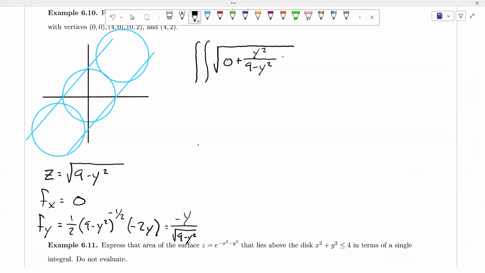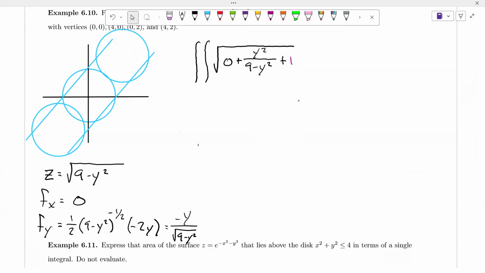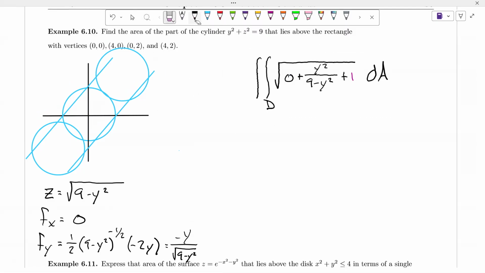And then I've still got to add 1. So that's what our formula tells us to do. Slap a dS over here and a dA there. And start trying to calculate that thing.